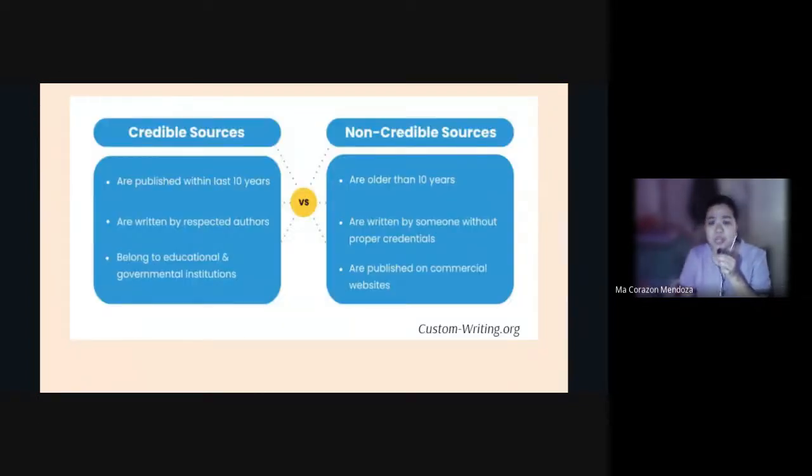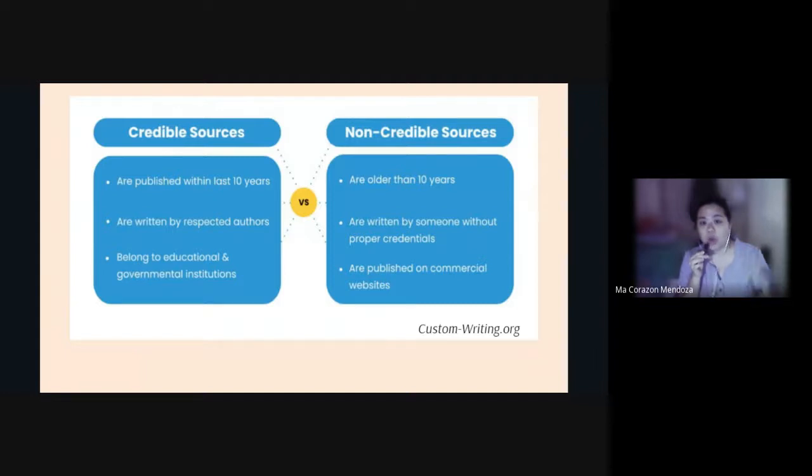Now, this one, I got this image from customwriting.org. Now, there are some distinctions between credible sources and non credible sources. Under credible sources, these are published within the last 10 years versus non credible sources, which are published older than 10 years.